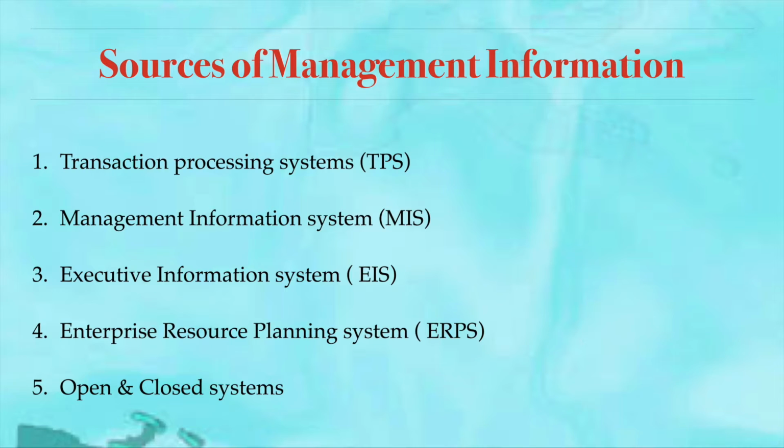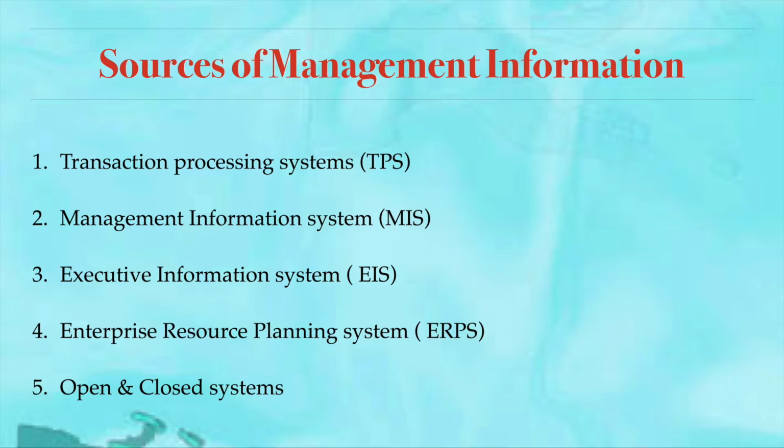Second, you have the management information system, in short called MIS. The purpose here is to convert data into information. In the first step, it was just numbers or data.